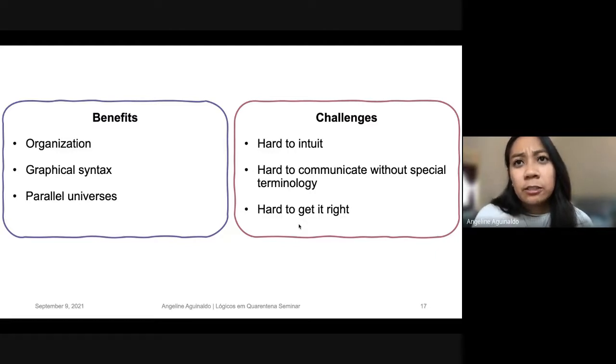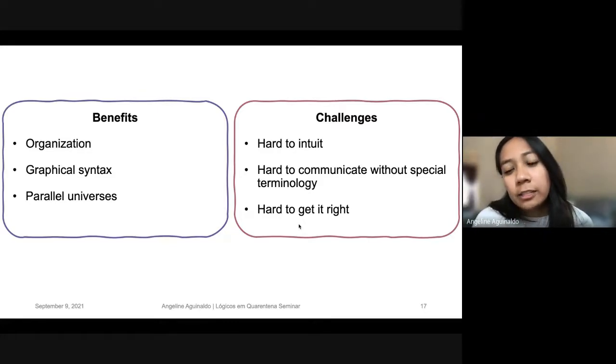So it's challenging, especially when you get into higher abstraction levels and higher dimensional categories. It's harder to tell whether or not you're getting it.